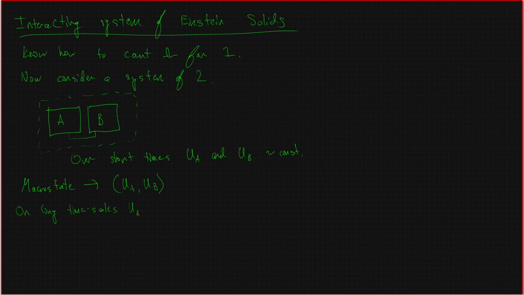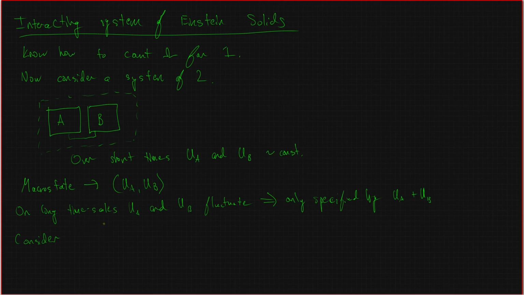So on long scales, UA and UB, they fluctuate. So then the only thing that matters, or the only actual variable corresponding to the microstate, is specified by UA plus UB, because obviously the total energy is conserved. Okay.